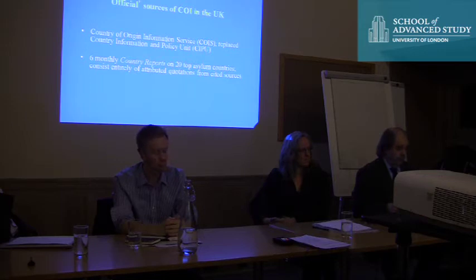These reports in the past were very severely attacked for all kinds of inaccuracies and misleading information. They've improved out of all recognition in recent years, and they now consist entirely of attributed quotations from cited sources with no editorial content at all, although of course you could still ask why those sources and not others, why that particular passage is quoted and not some other.